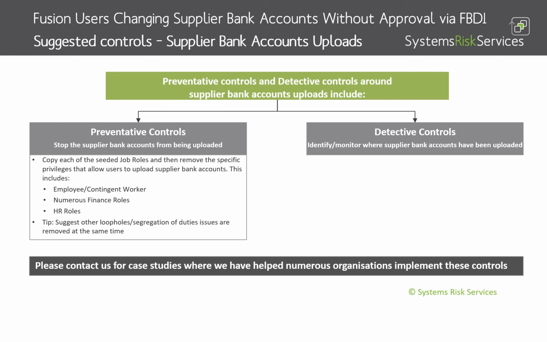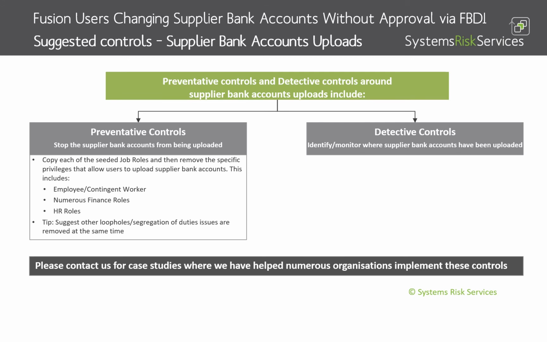And so therefore, you can't take the typical approach around control, where the number one preventive control is reducing access and taking away the assignment of the role in the first place. So for these ones, I would suggest that you take a copy of the seeded roles and remove the specific privileges that allow users to be able to upload supplier bank accounts.